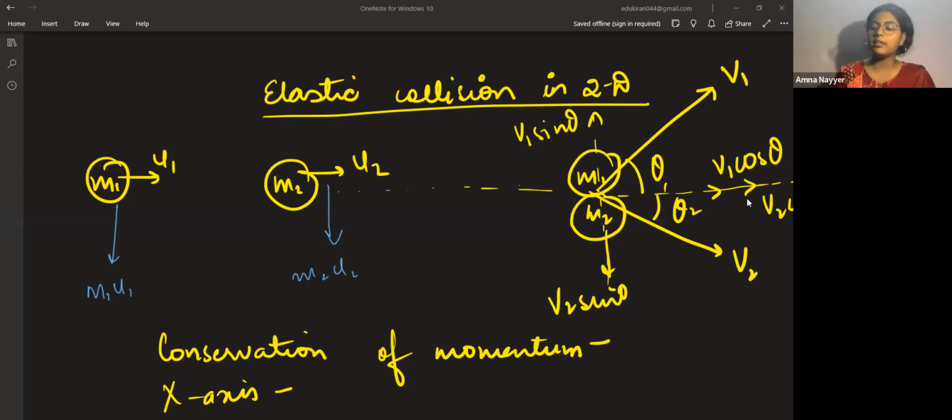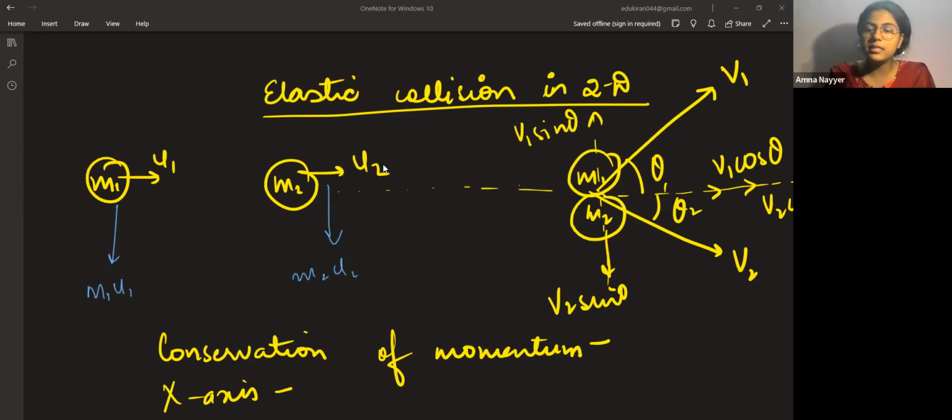Basically, resolution of vector says that the axis with which the angle has been made gets the cos theta, the cosine component, and the perpendicular to it receives the sine, so sine theta. So if this is V1 making angle θ1 with the x-axis, then when you are resolve it, this becomes V1 cos θ1, and perpendicular to it, it becomes V1 sin θ1.